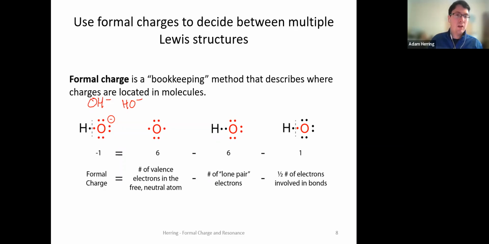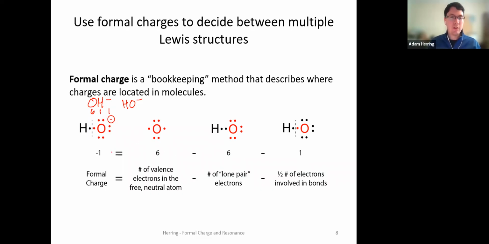We have 6 valence electrons from the oxygen, 1 from the hydrogen, and then 1 from the negative charge. This molecule has a negative charge on the entire species. And when we sum together the individual charges, the formal charge on each of the atoms, they add up to be the charge on the whole molecule.